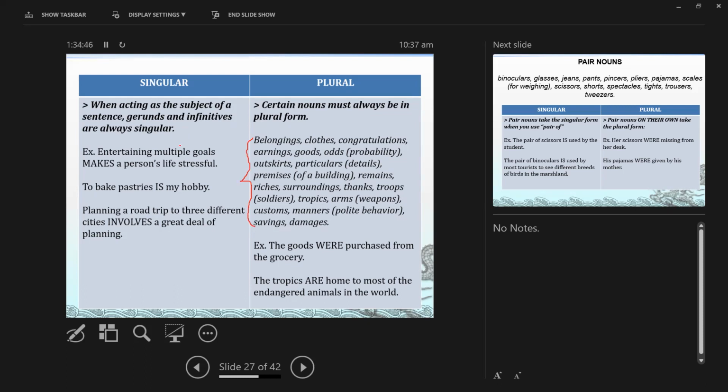These are all used as nouns, and you cannot remove the S.